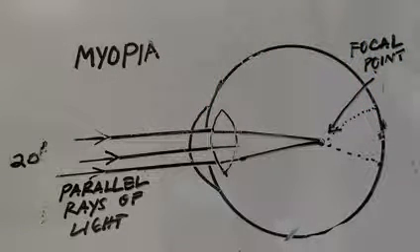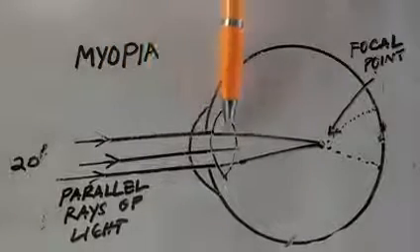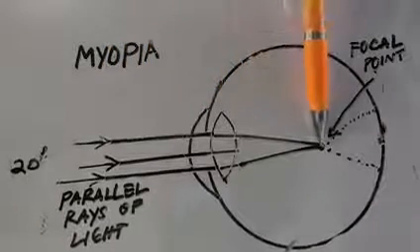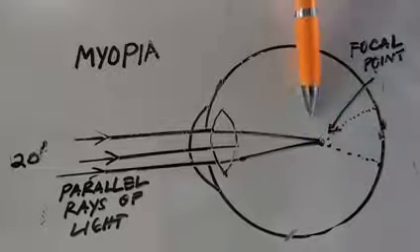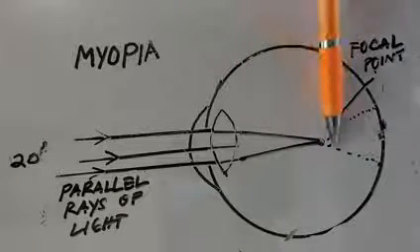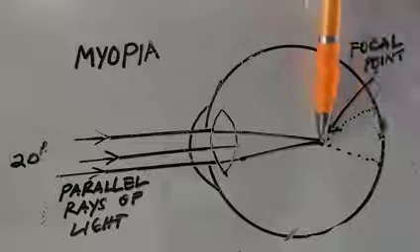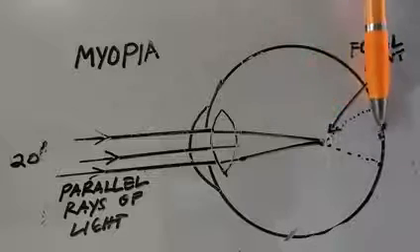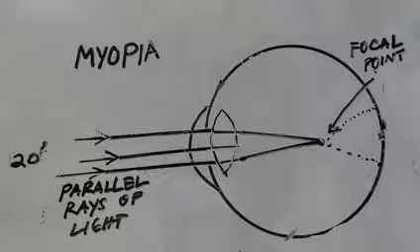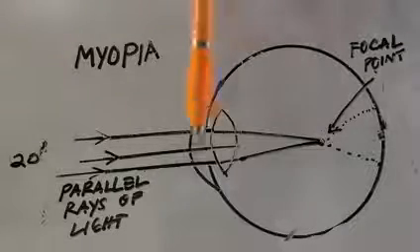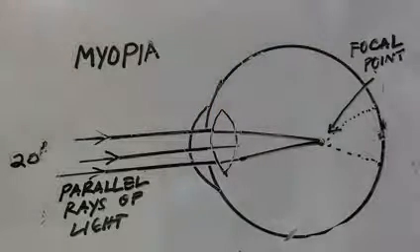Now, if your axial length is longer, let's say about 26 millimeters, that means instead of the light rays focusing on the retina, because your eyeball is longer, they will now fall in front of the retina and not on the retina. So that's why most nearsightedness or myopia is hereditary.